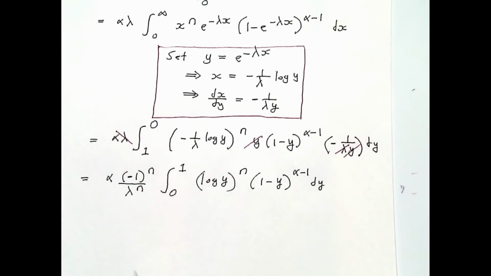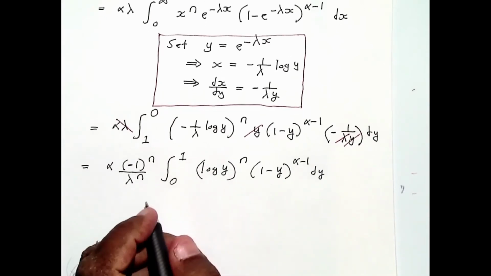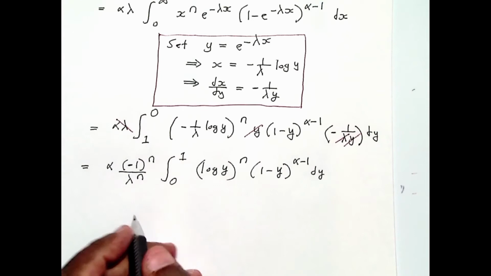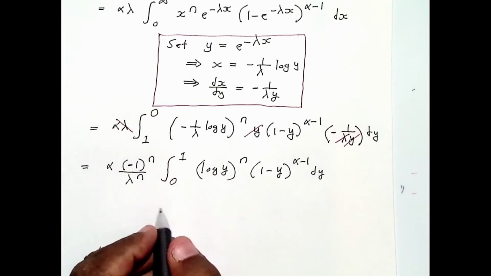Now, in the next step, I'm going to use a trick I mentioned earlier. I did a video on something called the differentiation trick, and I can write it down again.